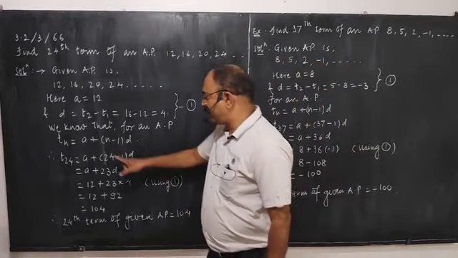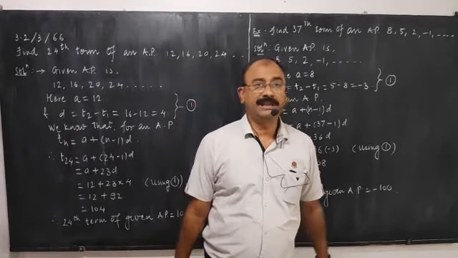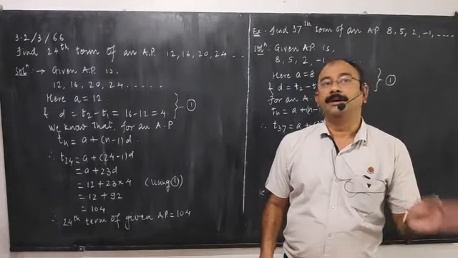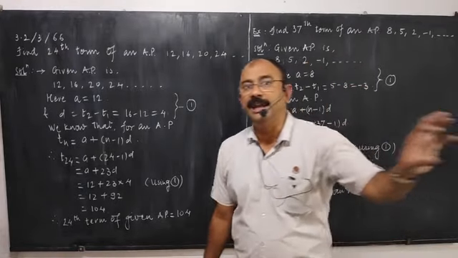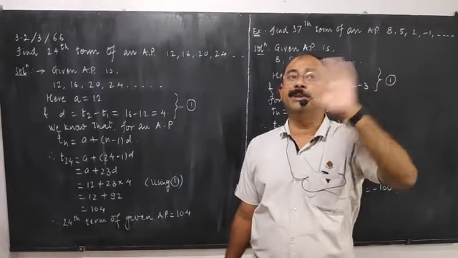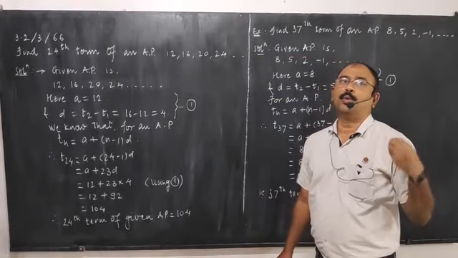That means you are given n, you have to find out Tn. But the reverse thing can also be done. If you are given a term of the AP, and asked what the term number of this term is, that can also be done. Let me give you one example.